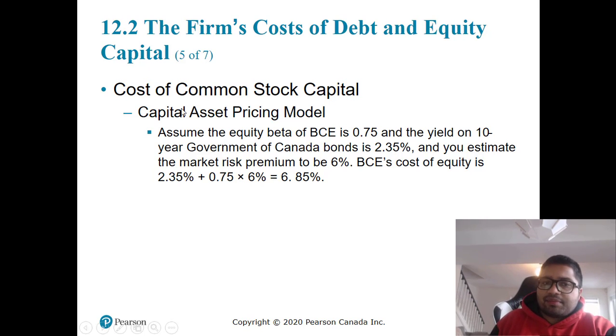So they have given an example. Assume the equity beta of BCE is 0.75, the 10-year bond yield is 2.35%, and you estimate the market risk premium to be 6%. So the cost of equity will be 2.35% risk-free rate plus beta 0.75 times risk premium 6%. So it comes to 6.85%.